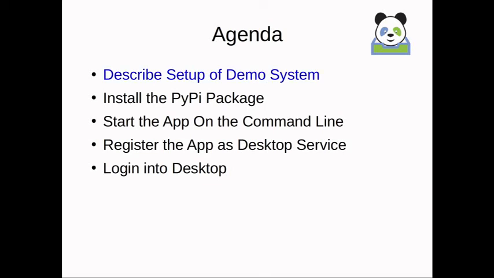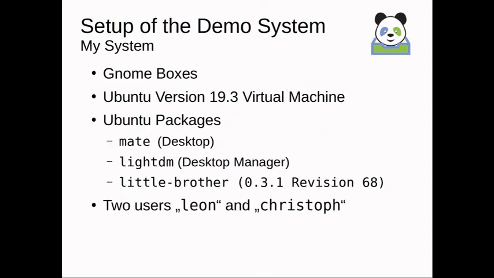So let's start with the demo system. I'm using a virtual machine of Ubuntu 19.3, which runs on GNOME Boxes on my machine. I pre-installed a Mate desktop, the LightDM display manager, and Little Brother in the version 0.3.1.